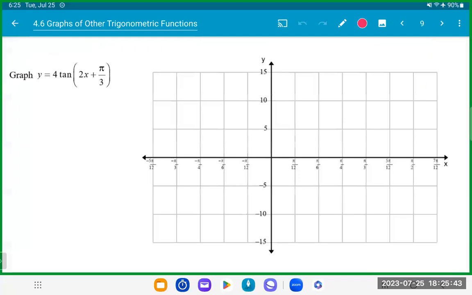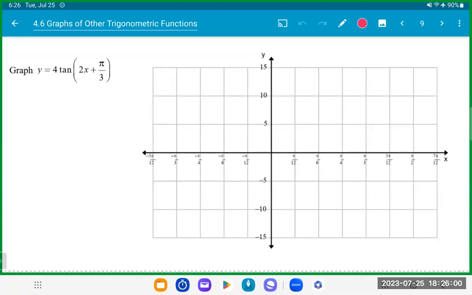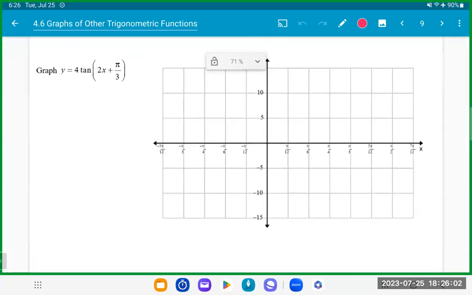So let's look at just graphing an example of this function. We're given a graph that says y equals 4 tangent of 2x plus pi over 3. So the first thing that we want to do is let's go ahead and do negative pi over 2 is less than, notice there's no equality here, now it's all the things inside the parentheses.